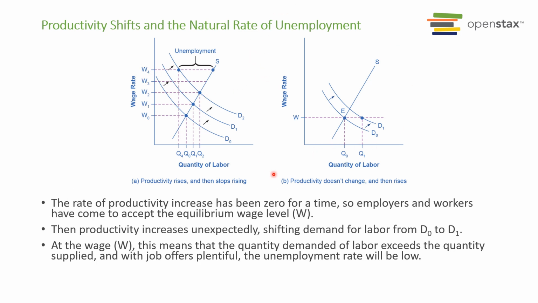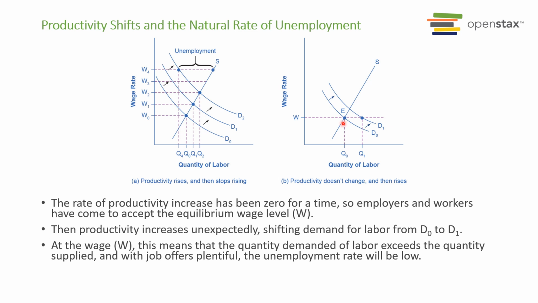Here on panel B now, we can see that once productivity hasn't moved a lot in panel A and we've settled back to the correct equilibrium, maybe then all of a sudden there is a new technological innovation that happens again, and this cycle repeats itself all over again. So here, productivity hasn't changed for some time, or the rate of productivity increase has been zero for some time. We've settled at the equilibrium where maybe unemployment is going back down towards the equilibrium.